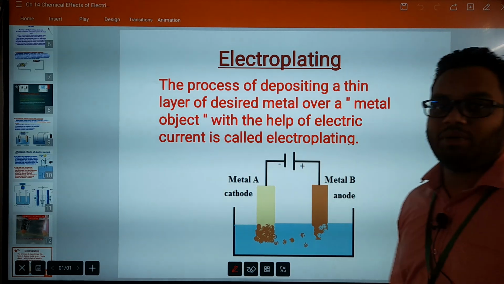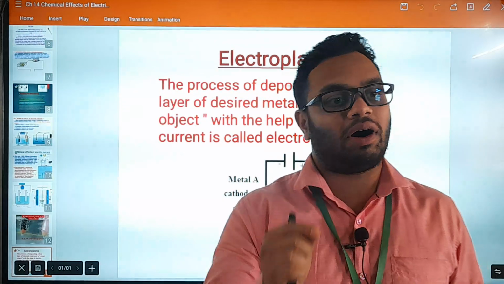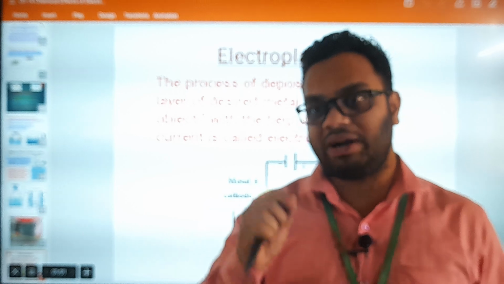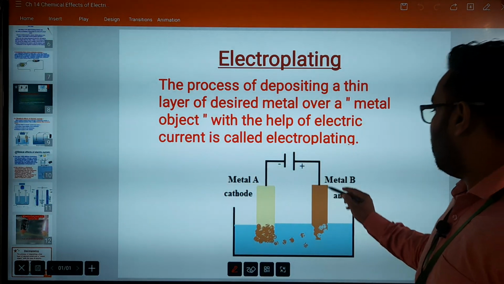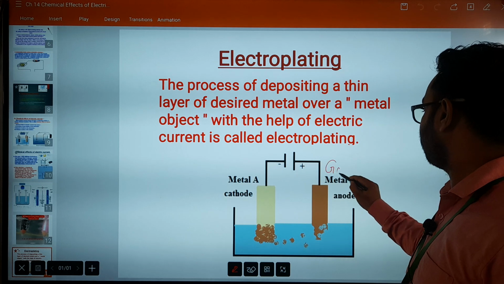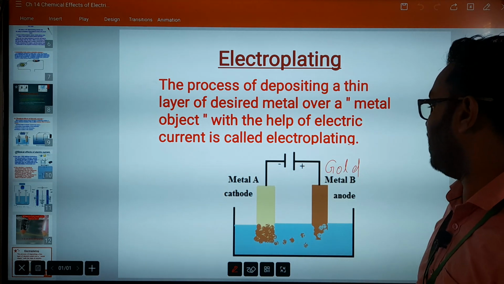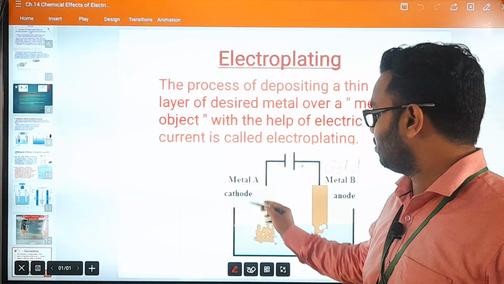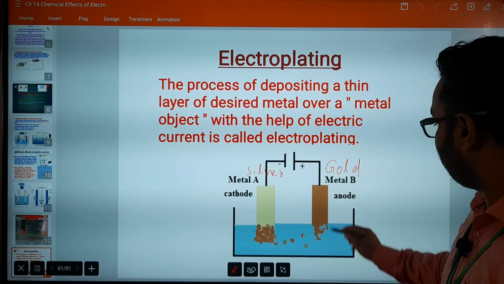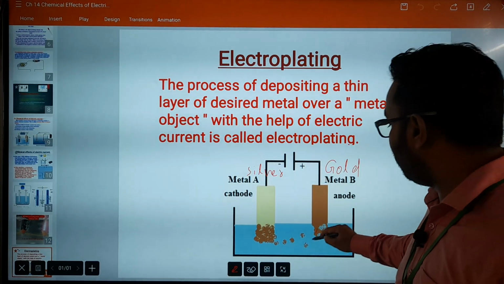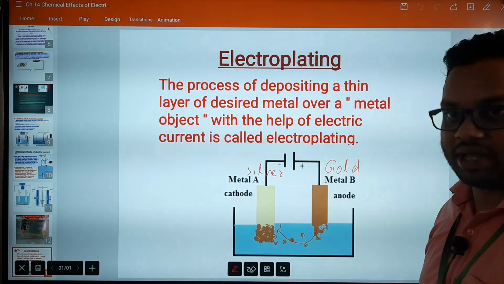Suppose I want to plate gold on silver. So what will I do? I have to put gold here and then put silver here. Then a thin layer of gold will deposit here. Yes or no?